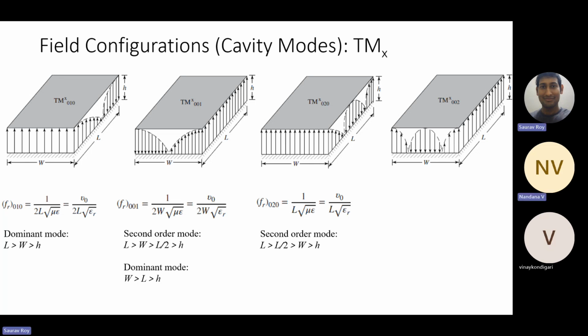Okay, but why does L have to be greater than W? Binay, can you tell why L has to be greater than W for the dominant mode here?